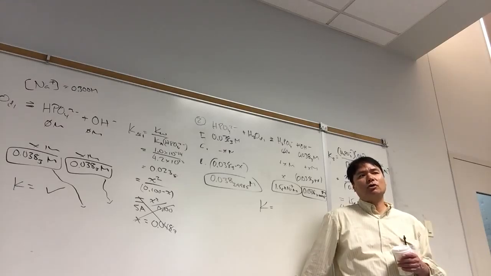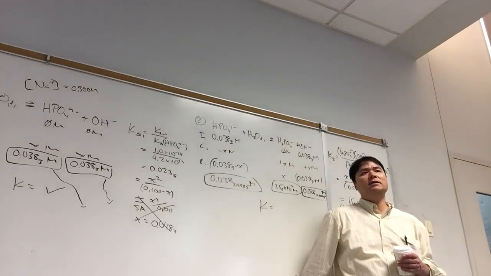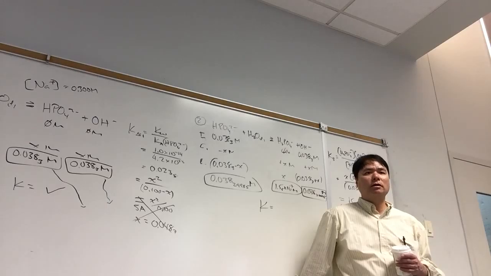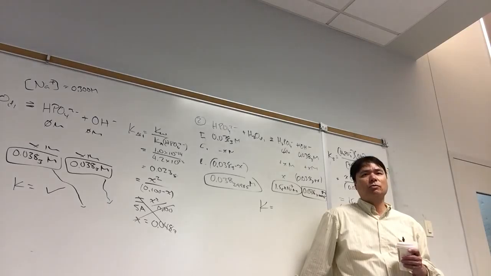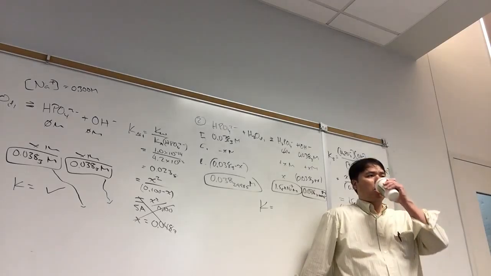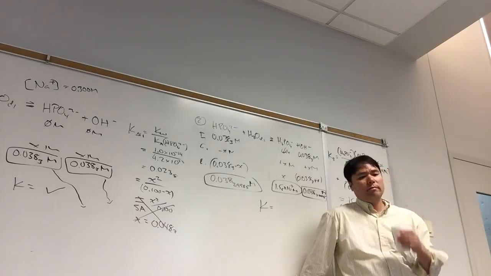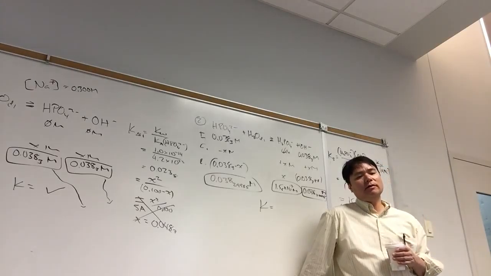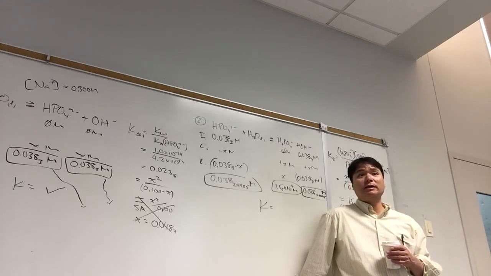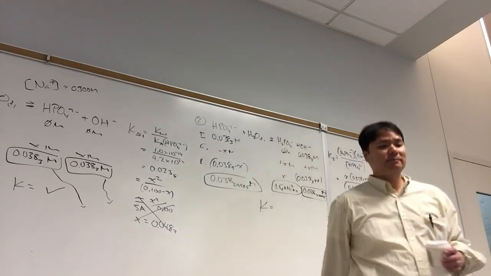Ka is acid hydrolysis, Kb is base hydrolysis. Ka is always acid plus water. Kb is always base plus water. You have to memorize that, because when we get to mixtures, then we don't always have acid plus water. We have acid plus base. Well, water is a base.